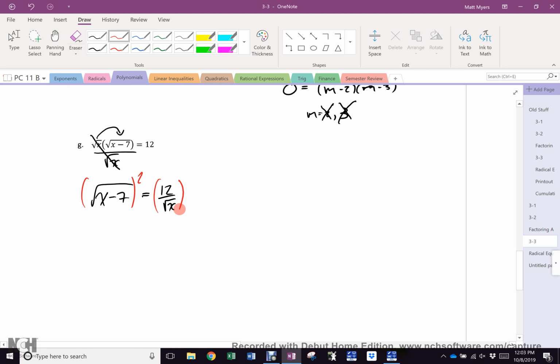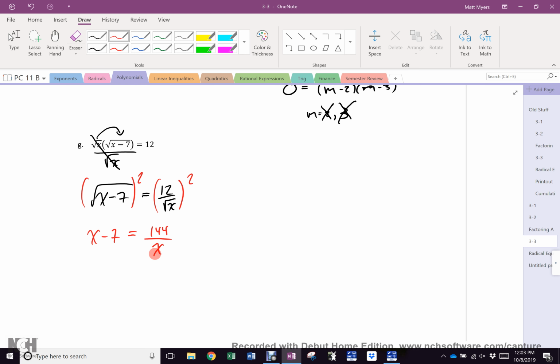Square, square. X minus 7 equals 144 over x. It took care of both of them in one shot, didn't it? Yeah? Now what would you do? What bothers you there? I see 2 x's.